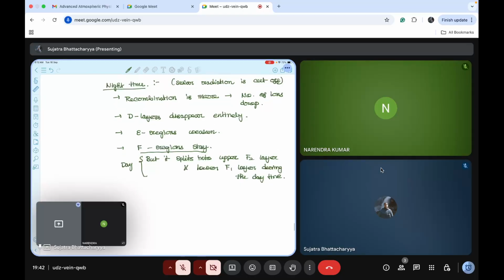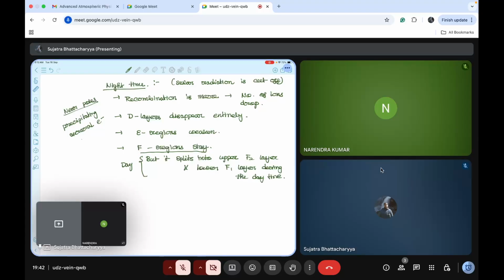More importantly, another thing is that near the poles, this is another point which might help you in solving the assignment, that precipitating auroral electrons. What is aurora? Auroral process? We will see it later on because there are so many weeks remaining in which all these processes will be taught to you.